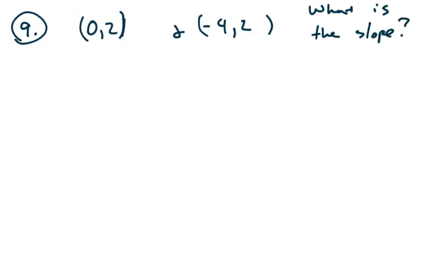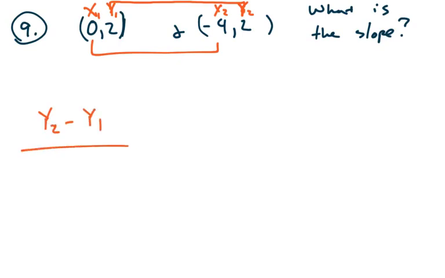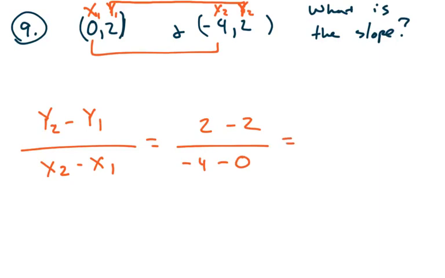More of the same. I'm going to sound like a broken record here, but hopefully you've tried this, and if you haven't, hopefully you're pausing and you're trying. Okay? So, label. Write the formula out: y2 minus y1 over x2 minus x1. Label. And solve.